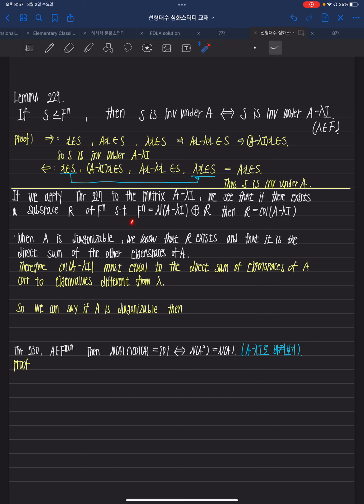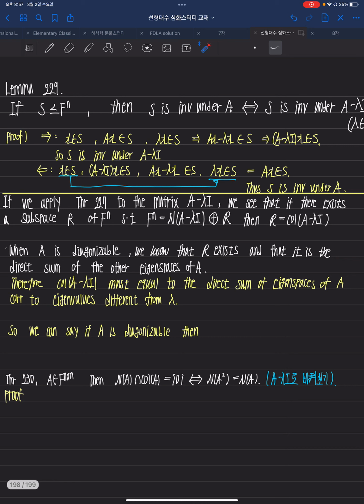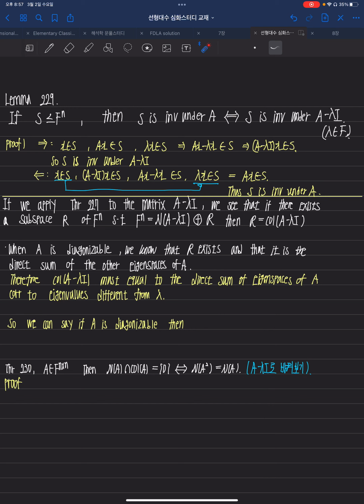Why? Because A is diagonalizable, Fn is a direct sum of eigenspaces of distinct eigenvalues. Okay, we know that.